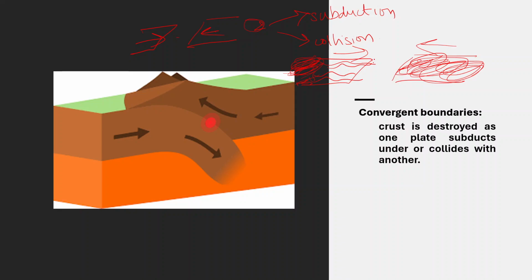When this oceanic part meets the continental part, as I said, since it is more dense, the oceanic plate will go down, it will subduct beneath the continental crust on the right side.